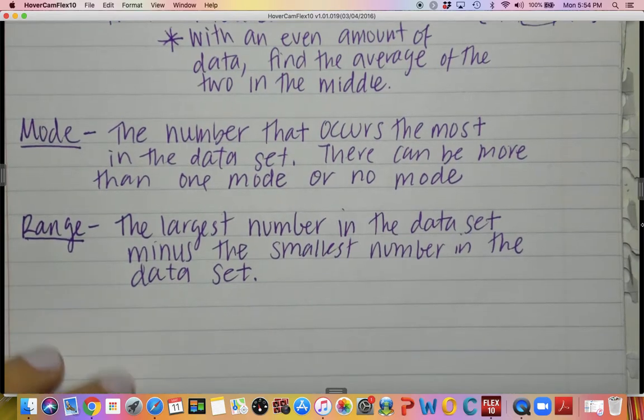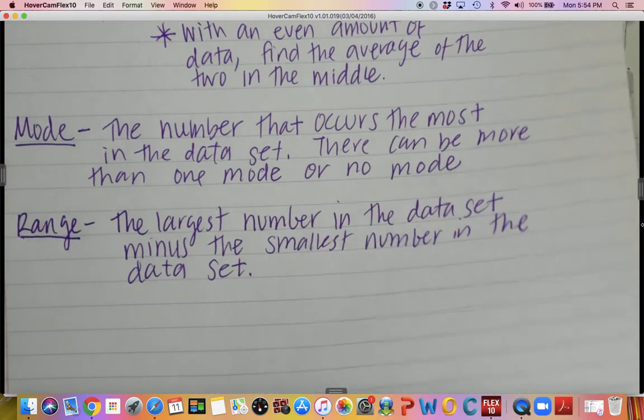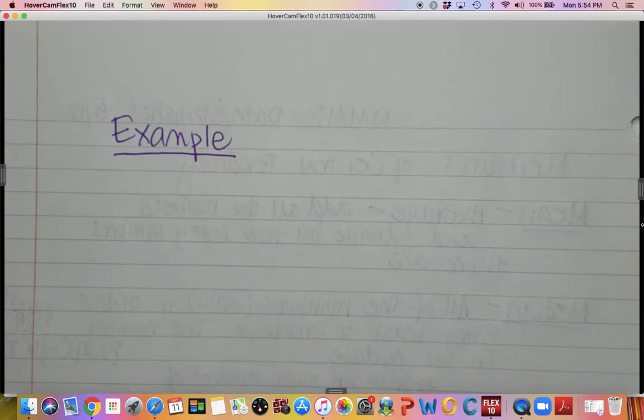So I'm going to flip my paper over so I have enough room to write everything. All right, our data set is going to be a set of numbers that we are going to analyze.